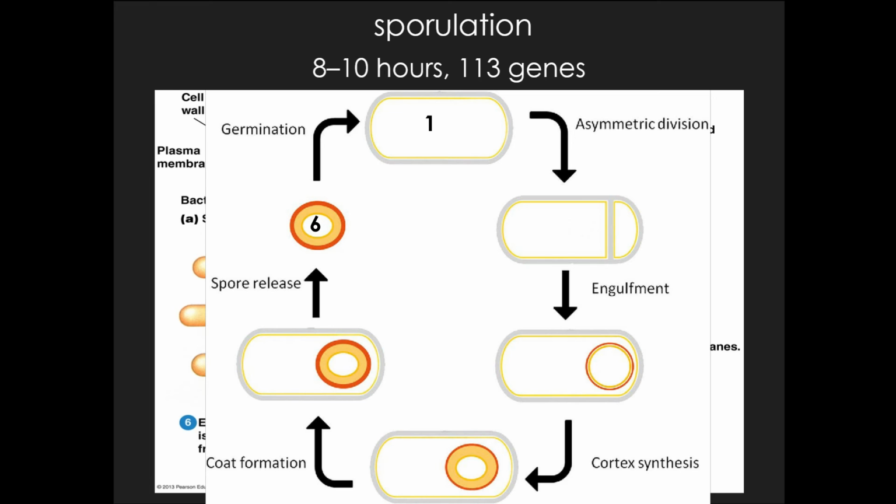Because spores, it turns out, are highly, highly resistant to environmental stressors. So we talked about mycolic acid and how mycolic acid makes cells resistant to chemicals and other things. And we talked about the lipopolysaccharide outer membrane and how that makes gram-negative cells better able to withstand environmental stressors.